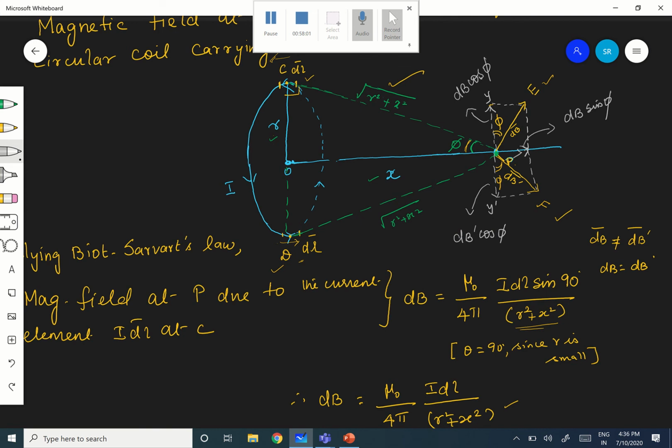And when you are resolving it, its sine component is also the same, no? Because here PE and PF, magnitude wise they are the same. The length of the vector should be the same, therefore the length of the component vector should also be the same. Therefore dB sin phi, and here it is also equal to dB dash sin phi.